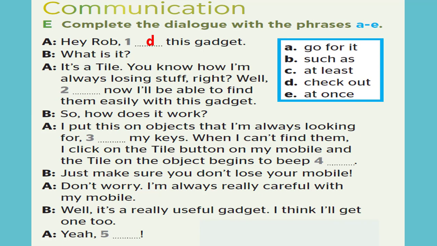Number 2 will be C, at least. So how does it work? I put this on objects that I'm always looking for, such as my keys. It will be letter B. When I can't find them, I click on the tile button on my phone, and the tile on the object begins to beep at once, letter E.